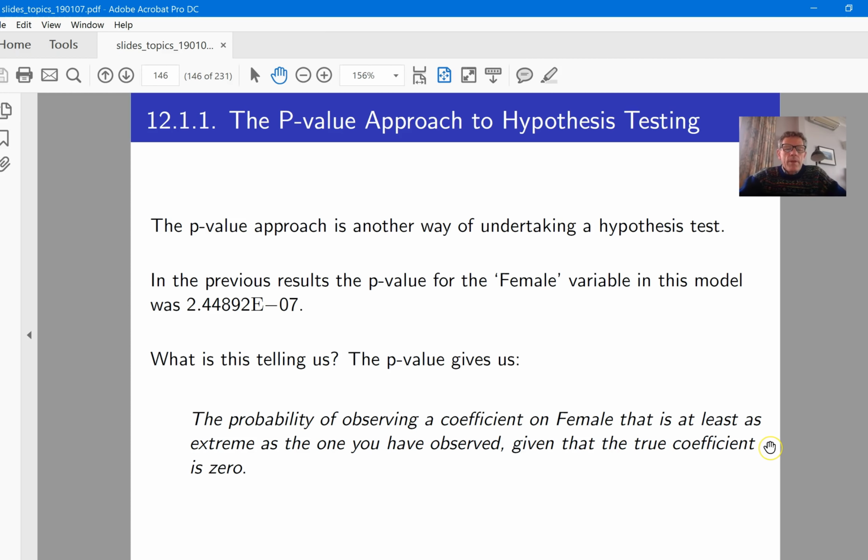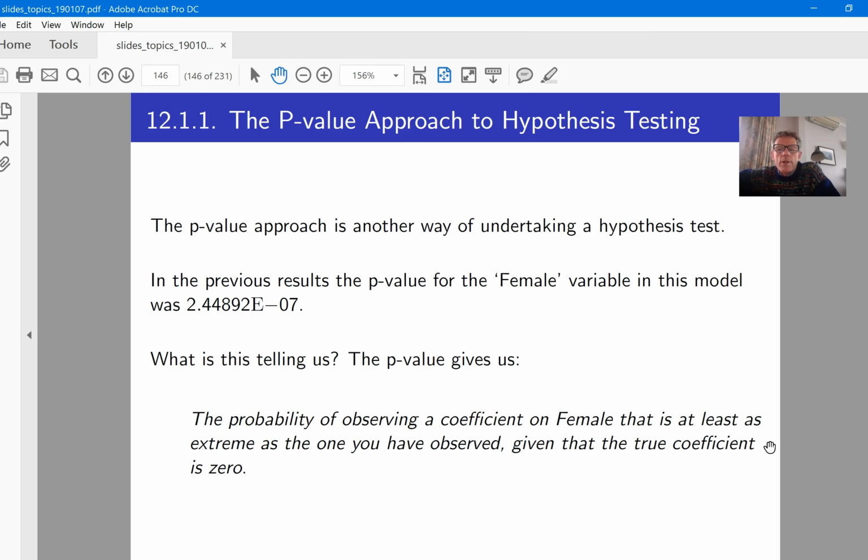Well, the p-value is a probability. That's why it's got a p in front of it. And it's essentially the probability of getting a value for this particular slope estimate, beta 1 hat, a value as far from 0 or further from 0.